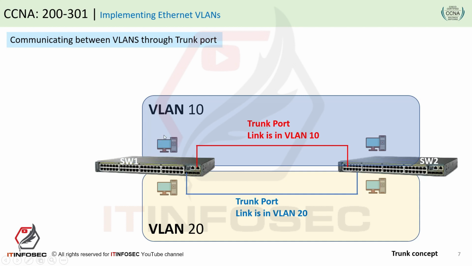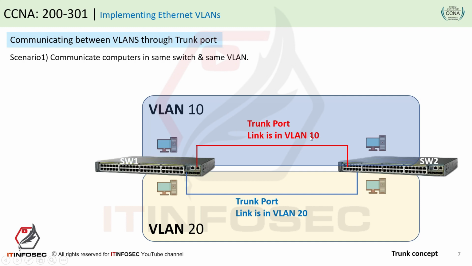On SW2, we also created VLAN 10 and VLAN 20 with some computers assigned. When a computer from VLAN 10 on SW1 wants to send a packet to another computer in the same VLAN but on the other switch, the packet needs the trunk port. The trunk port identifies the VLANs, marks the packet, and it is received by the destination switch and redirected to the related VLAN.